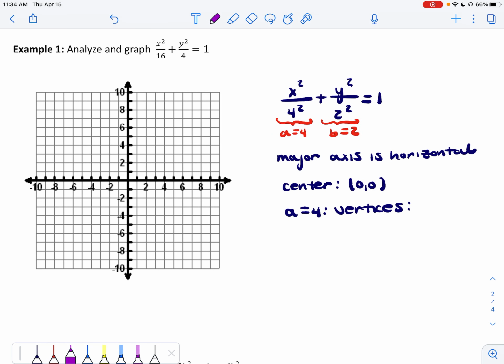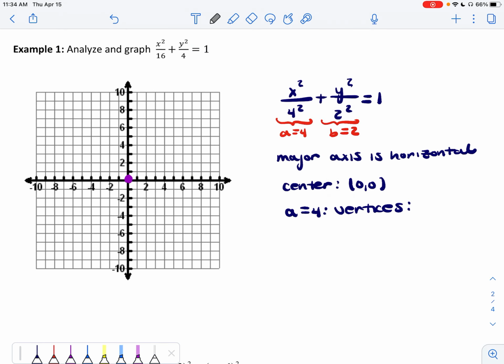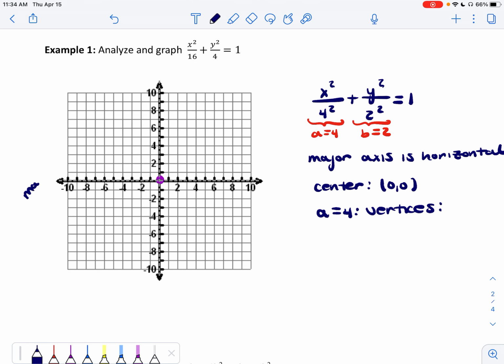So I'm going to go ahead and just start graphing my equation here. We've got our center at 0, 0, and we said our major axis was horizontal, which means the minor axis is vertical. Okay, so this is our major axis, and this is our minor axis.